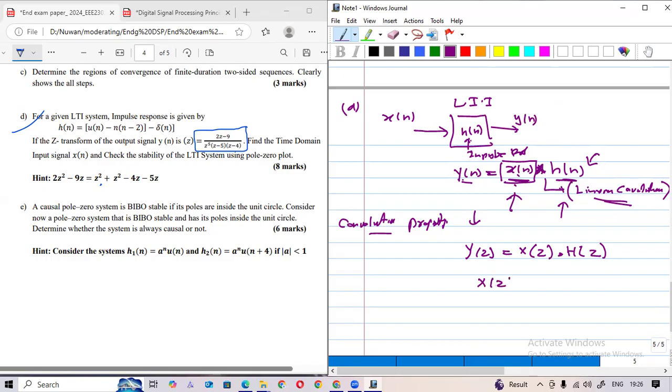Now you can calculate X(z) by taking the ratio of Y(z) and H(z). So you have to use this method.